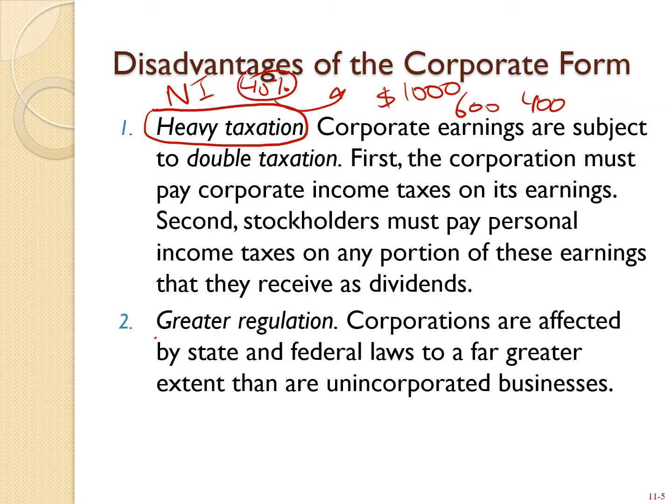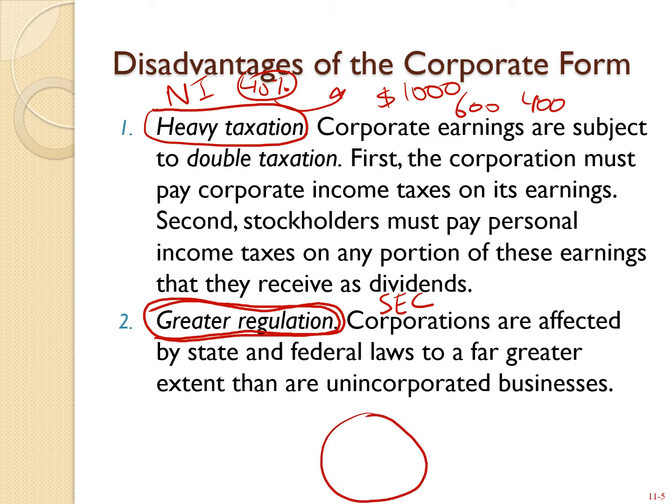Greater regulation. For example, in the United States, the body that regulates corporations is called the Securities and Exchange Commission, the SEC, and they have very tough regulations on companies because those companies have the money or the investments of the public. When you purchase a stock, you are investing.